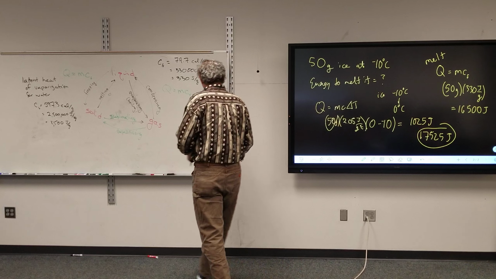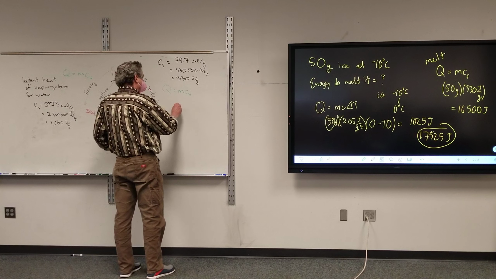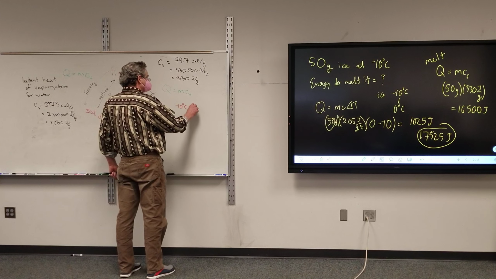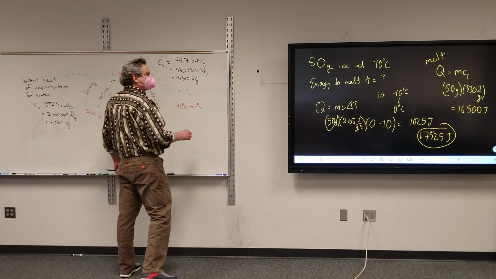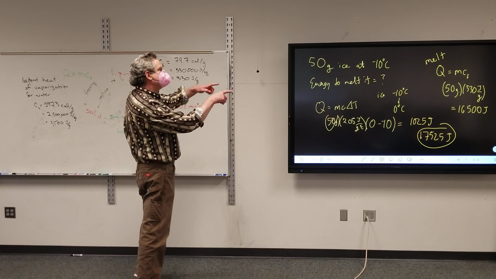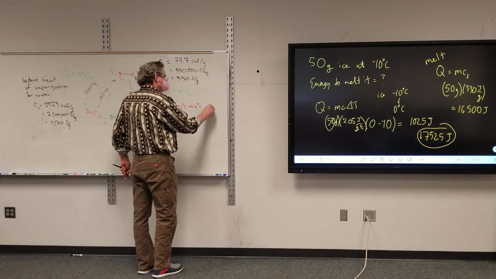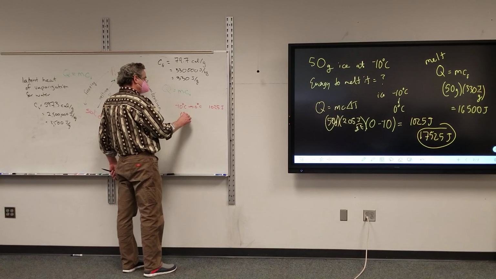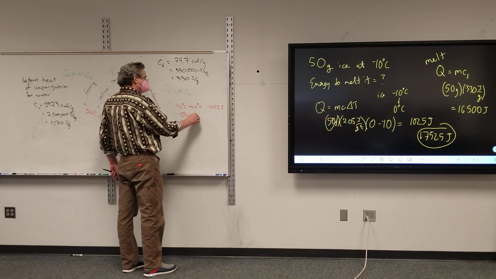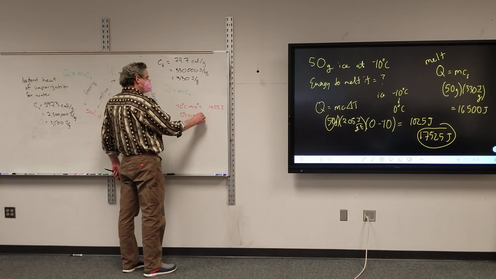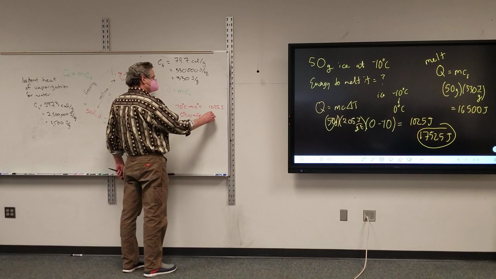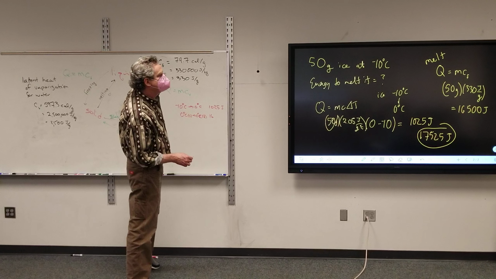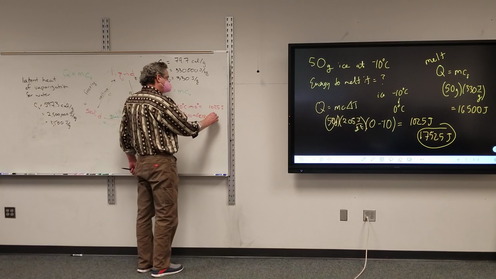All right, so let's see. We had negative 10 degrees Celsius to 0 degrees Celsius. That was, I had it up there, 1025 joules. Then we had 0 degrees Celsius solid to 0 degrees Celsius liquid, and that was 16,500 joules.